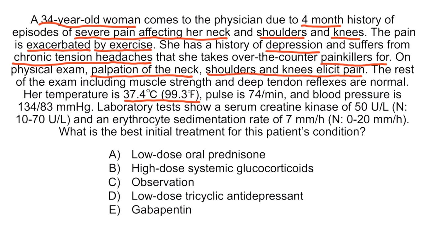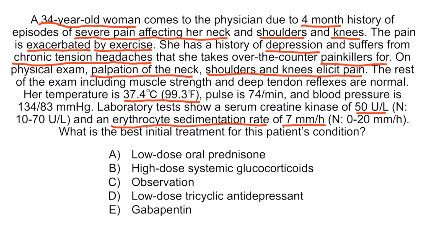Laboratory tests show a serum creatine kinase of 50, normal being between 10 and 70, and an erythrocyte sedimentation rate of 7, normal being between 0 and 20. What is the best initial treatment for this patient's condition? A. Low-dose oral prednisone. B. High-dose systemic glucocorticoids. C. Observation. D. Low-dose tricyclic antidepressant.